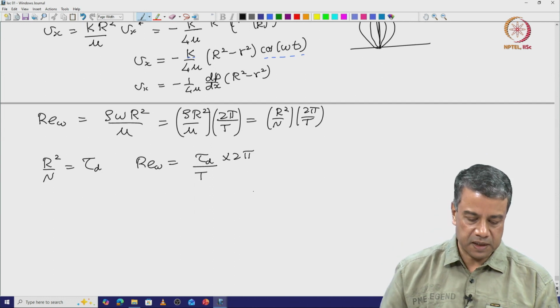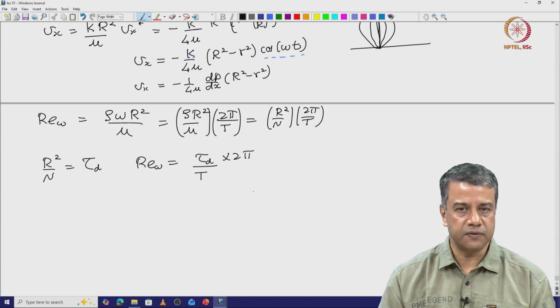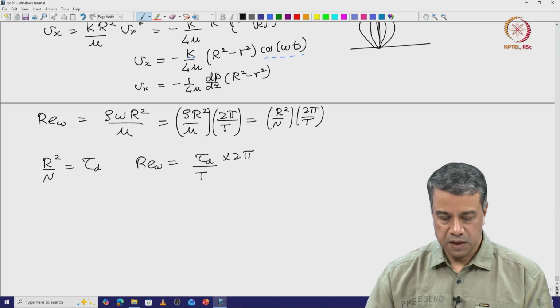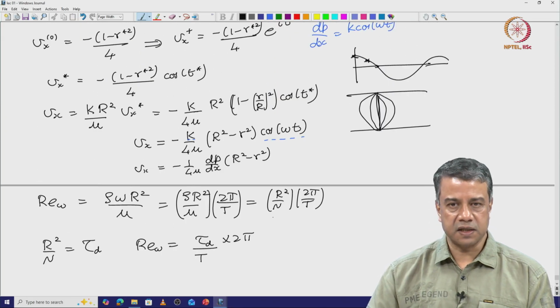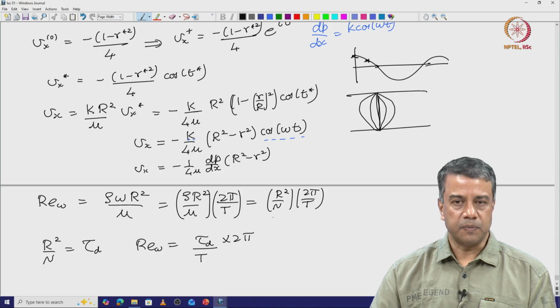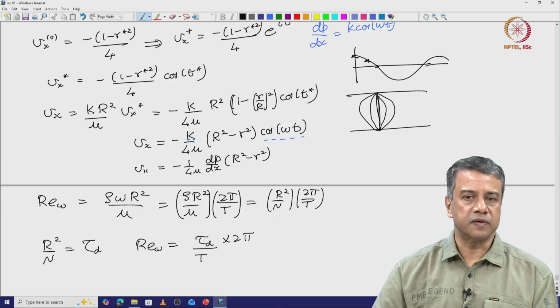So, that is the limit of low Reynolds number, when the diffusion time is small compared to the time period of oscillation. And because momentum is diffusing instantaneously, you are getting the same solution as you would get for a steady flow, a parabolic profile with maximum velocity corresponding to that instantaneous value of the pressure gradient.